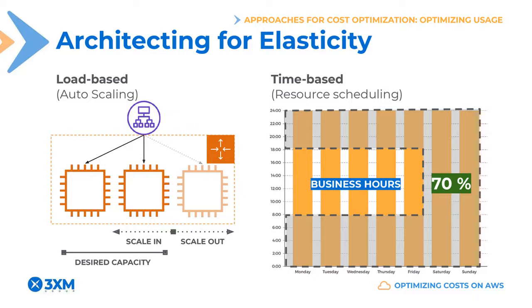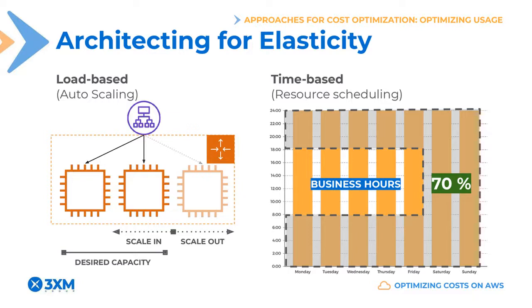Now, there are two types of elasticity that can be introduced to a cloud-based solution. One is load-based, also called volume-based elasticity, and the other one is time-based elasticity. With load-based elasticity, resources can be scaled automatically to match fluctuating demand.